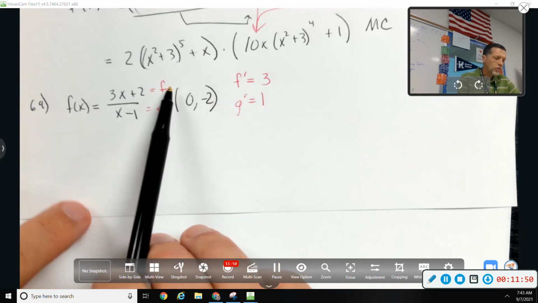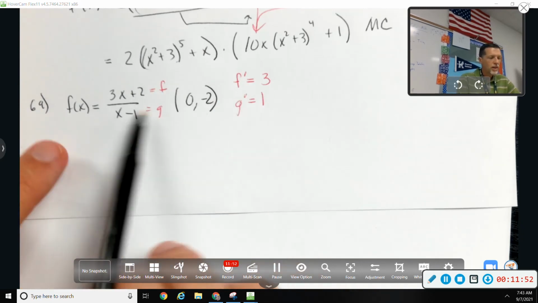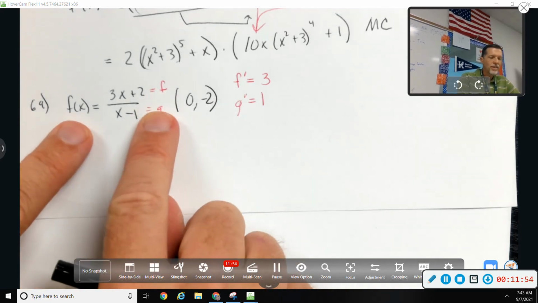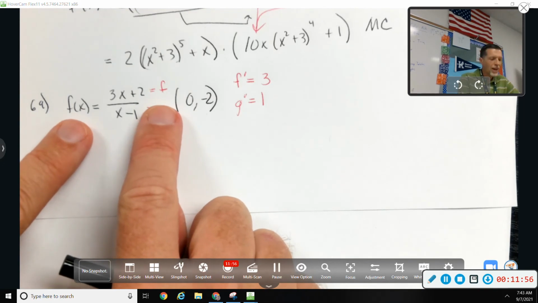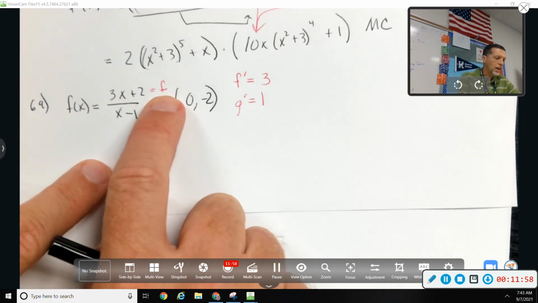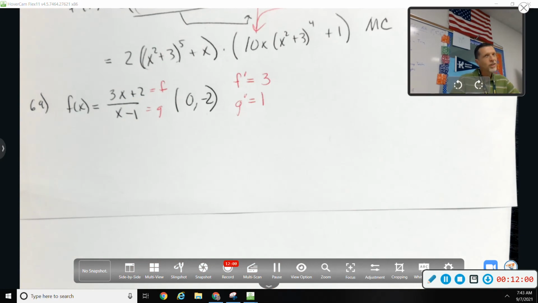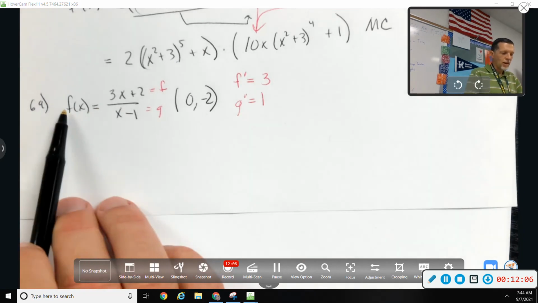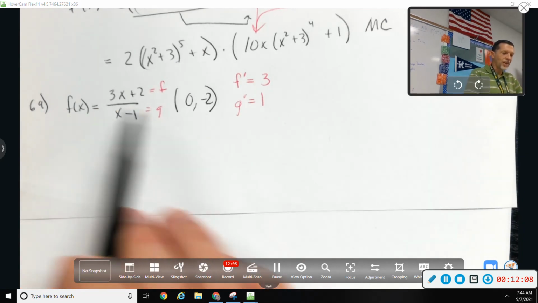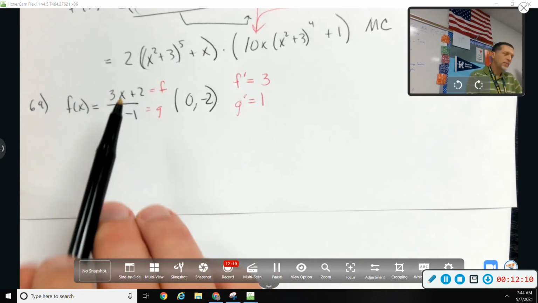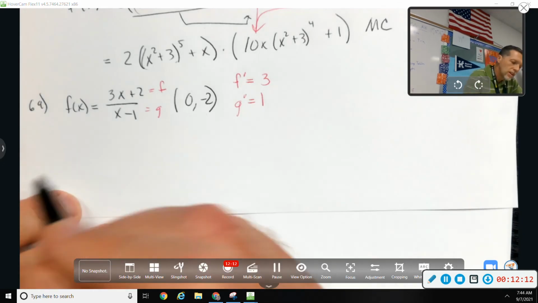But I'm used to using f and g for top and bottom. So this is a little bit not quite okay to do. But as long as you can keep it straight and end up at the right place at the end, you're okay. I could say that the black f is this whole thing, but the red f is just the top. That's how I'm keeping it straight.